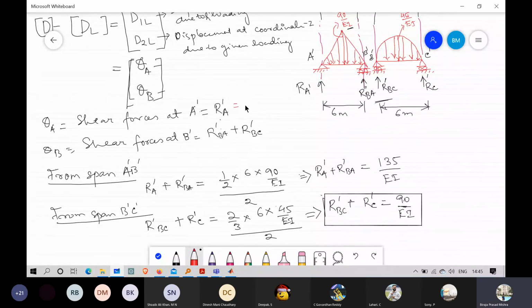Both of them will be the same value, no? Both the reactions will be the same value.